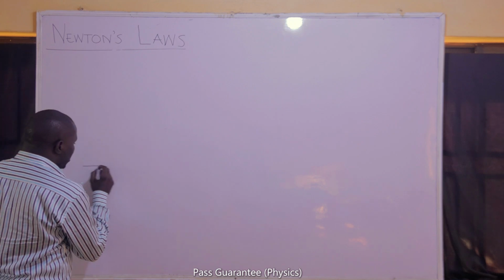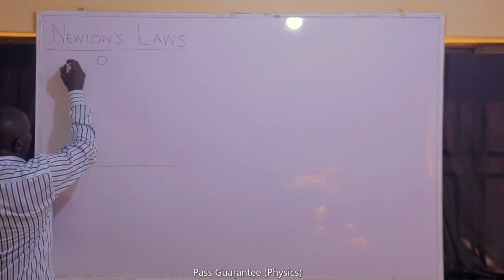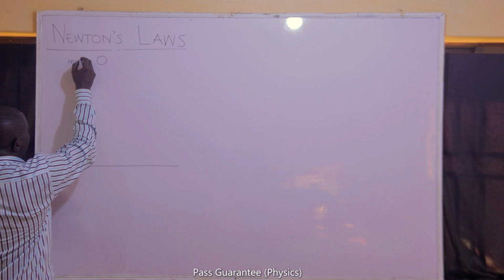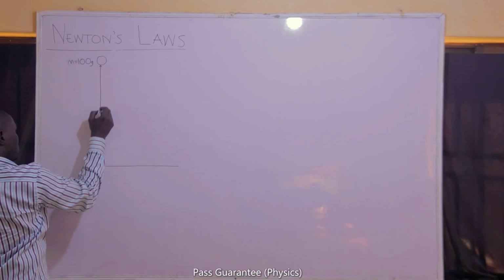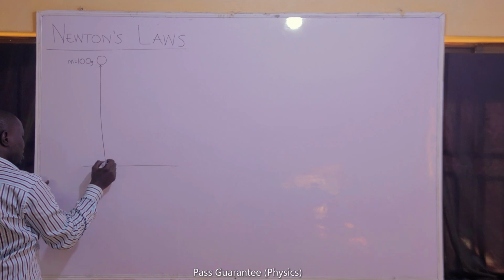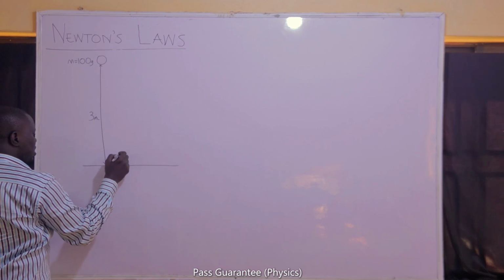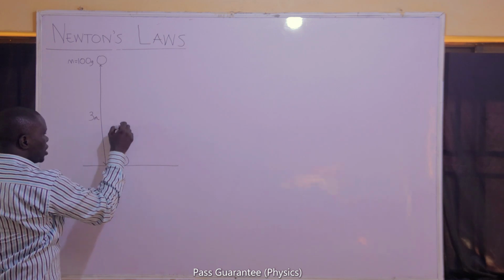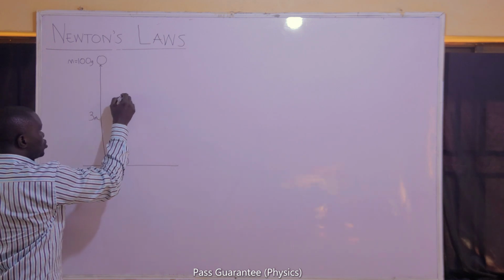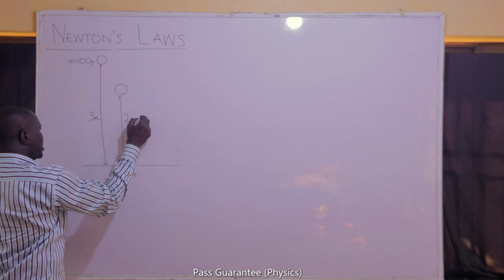There's a horizontal platform, and a ball whose mass is 100 grams. It fell from 3 meters and then upon impact with the ground, it rebounds to a height of 2 meters.